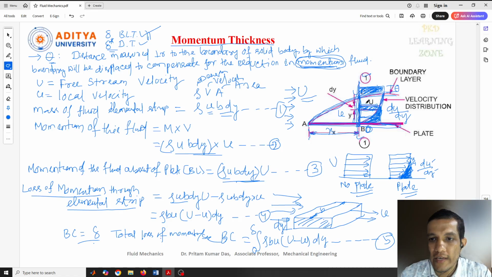We need to consider how much reduction happened and what compensation needs to be given. That is theta, the distance by which the plate is displaced.